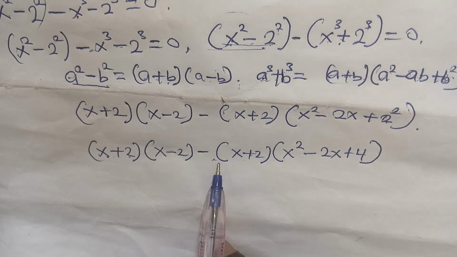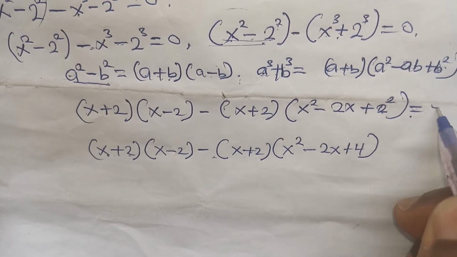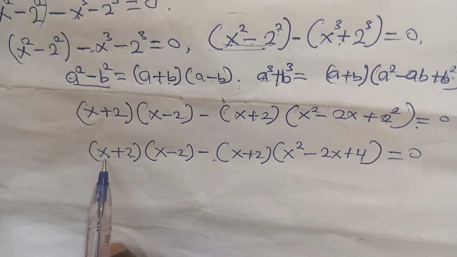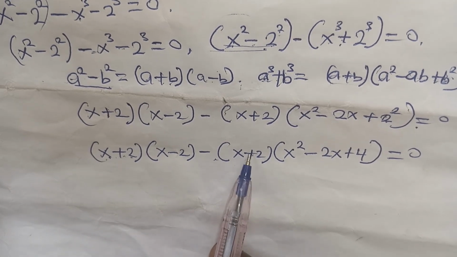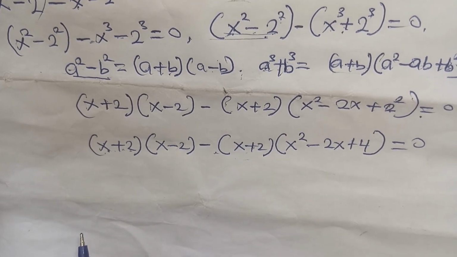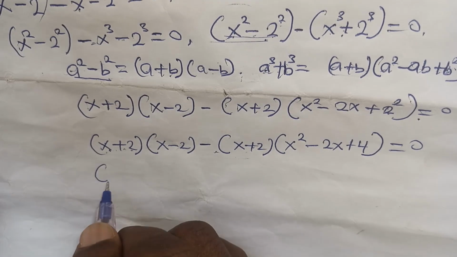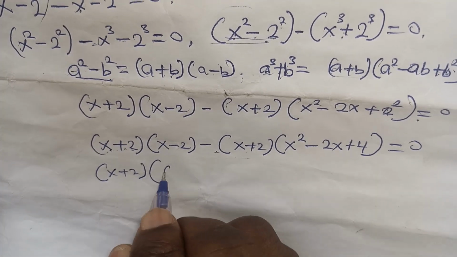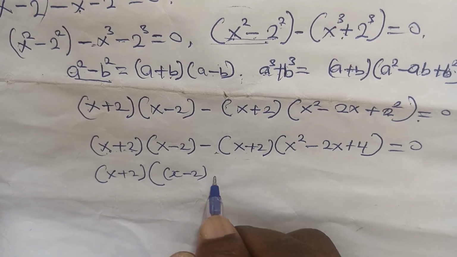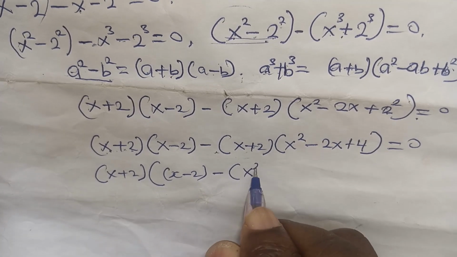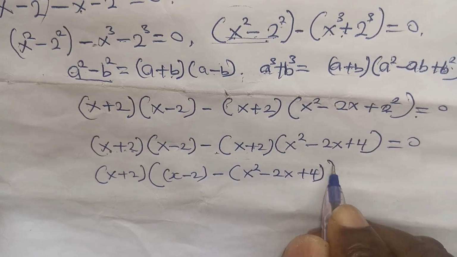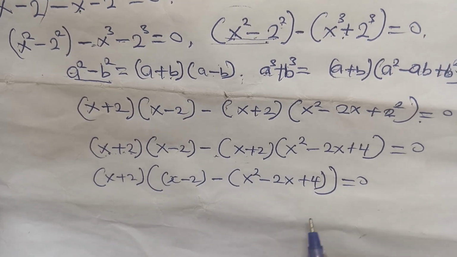They are common factors. Recall, everything equals 0. So we can easily factor them out. If we factor them out, we have open bracket x plus 2 close bracket into open bracket x minus 2 minus open bracket x squared minus 2x plus 4 close bracket close the big bracket equals 0.